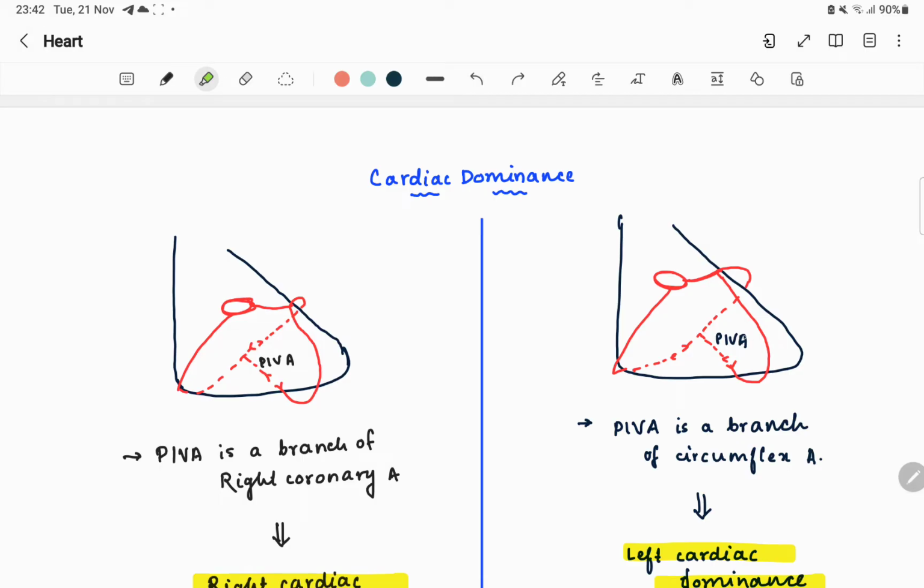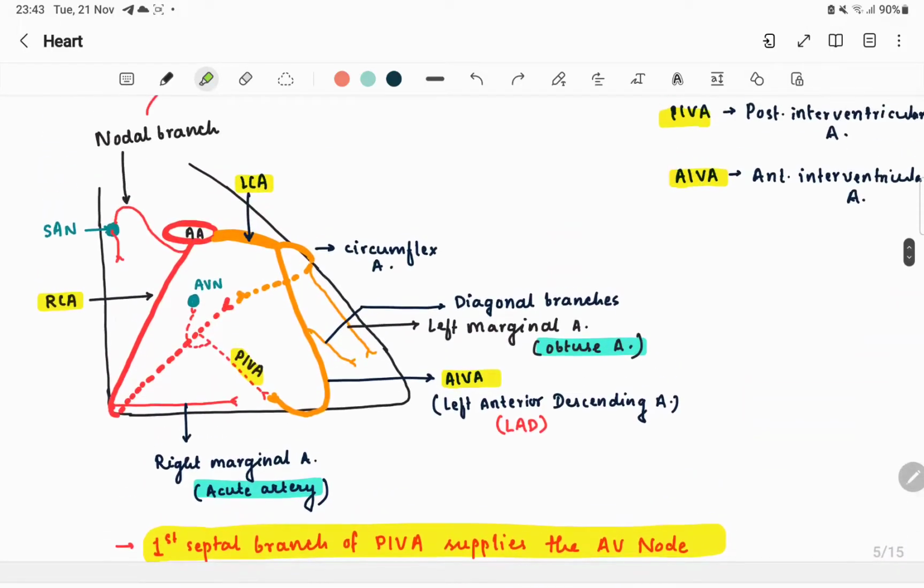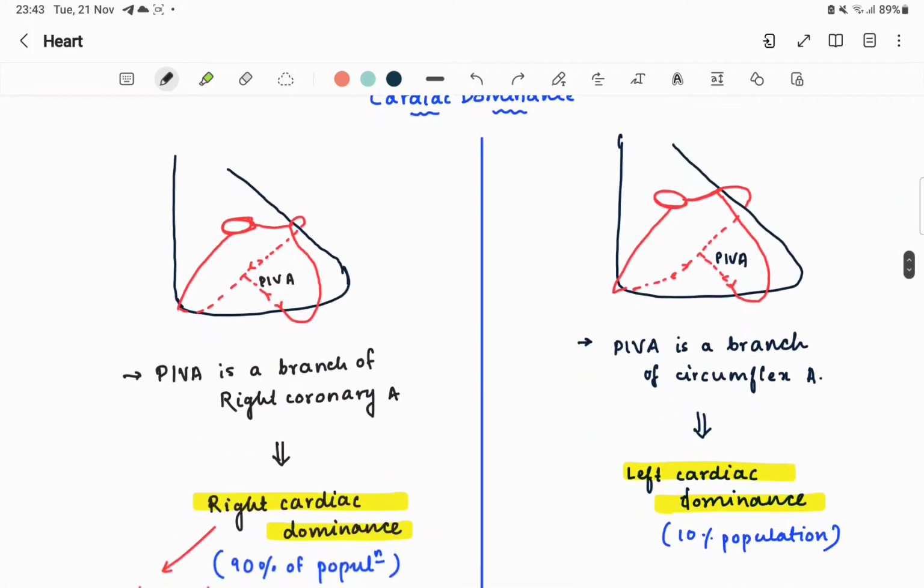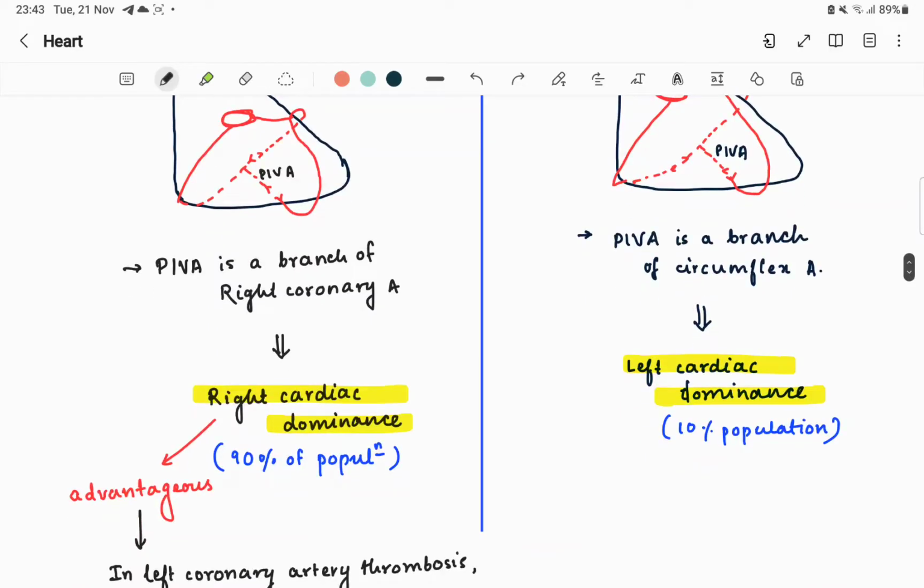Imagine this part is not present, and another branch of the circumflex artery comes like this and anastomoses with your AIVA. This is called left cardiac dominance, LCD. Understood what left cardiac dominance is? It is present in 10% of the population.